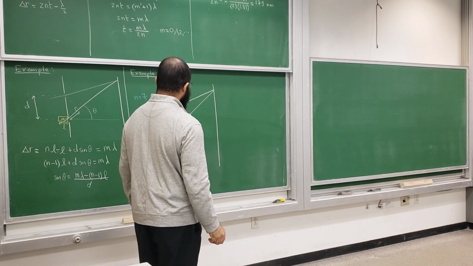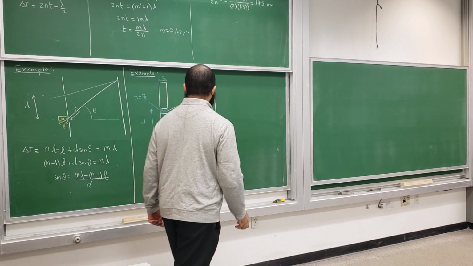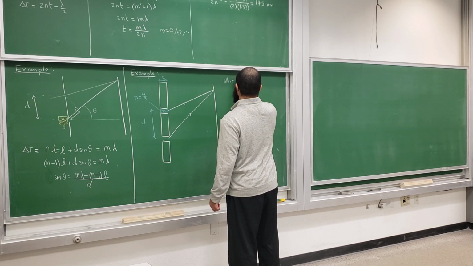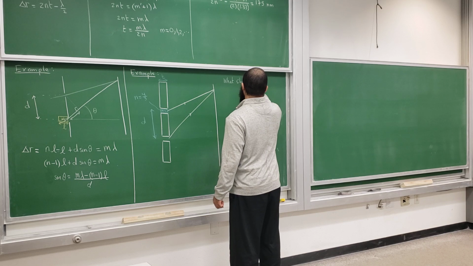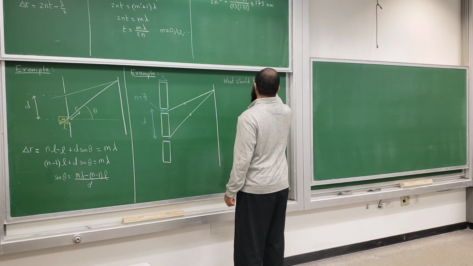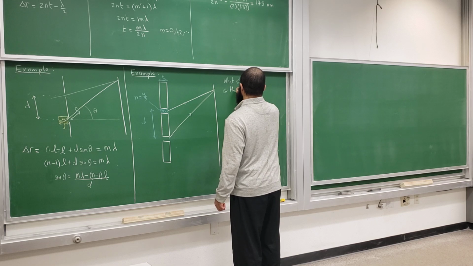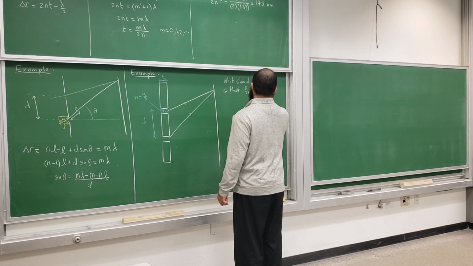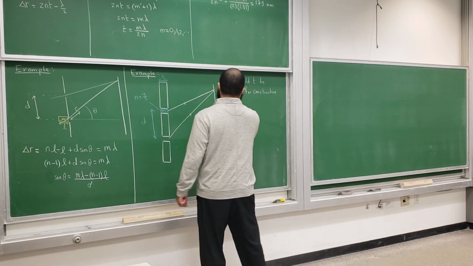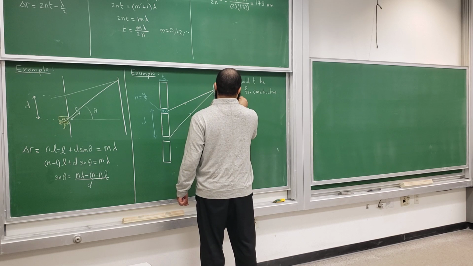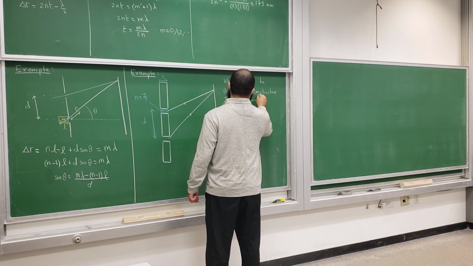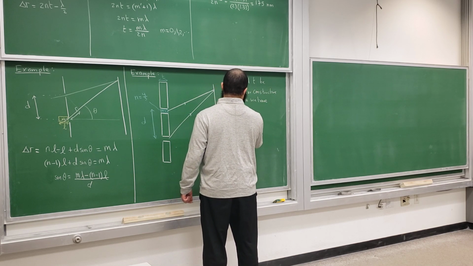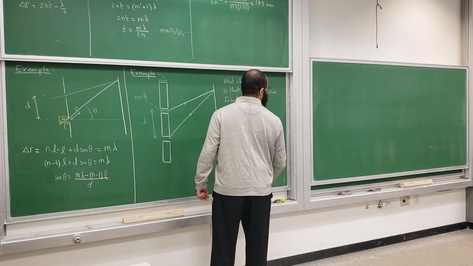We would like to know what should t be so that for constructive interference we have d sine theta equals m times lambda.